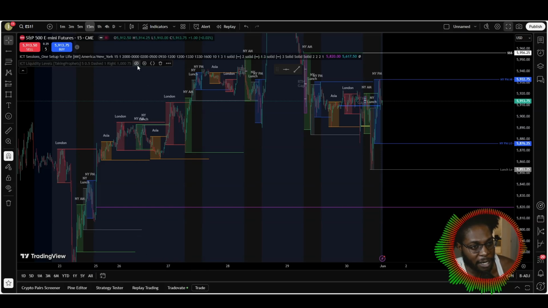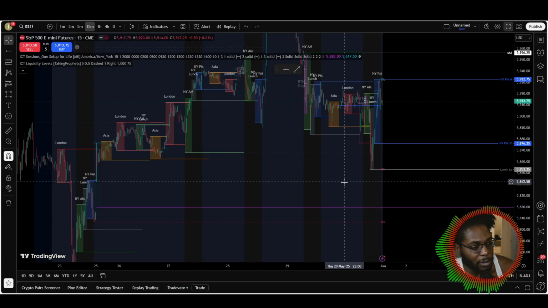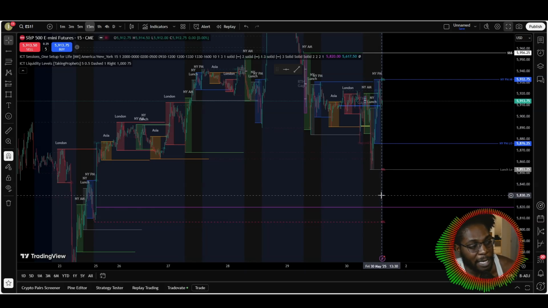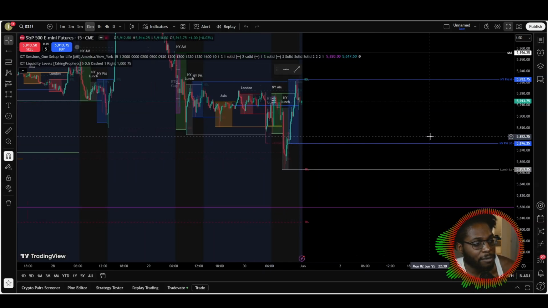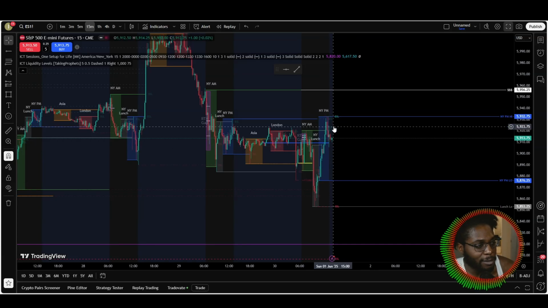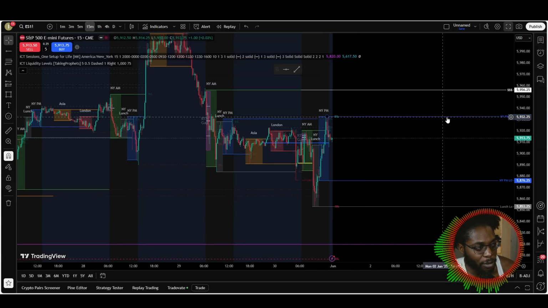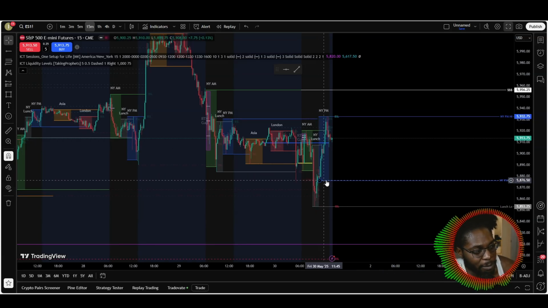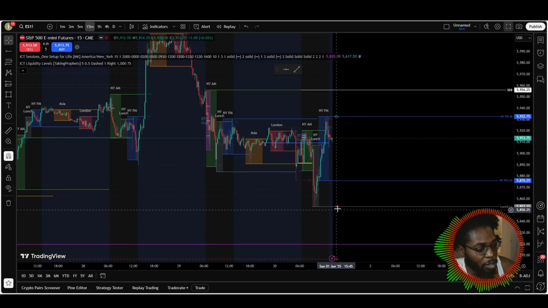So this other indicator that I have is liquidity. It just kind of lets you know all the sell side and buy side liquidity. But honestly, if you have the first one, ICT, like that, as you can see, this was buy side liquidity. Boom, we already got that there. They don't have this one marked out as sell side, but they have the lunch low marked out as sell side.